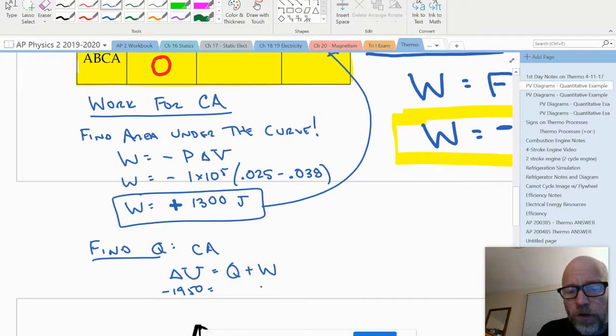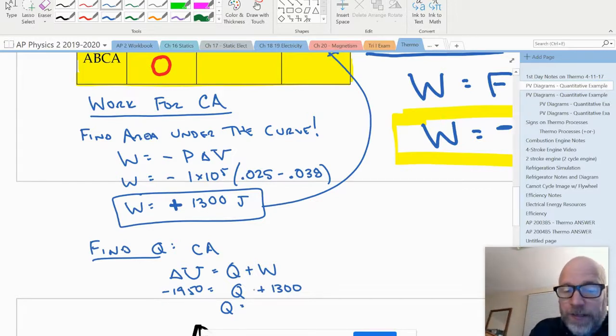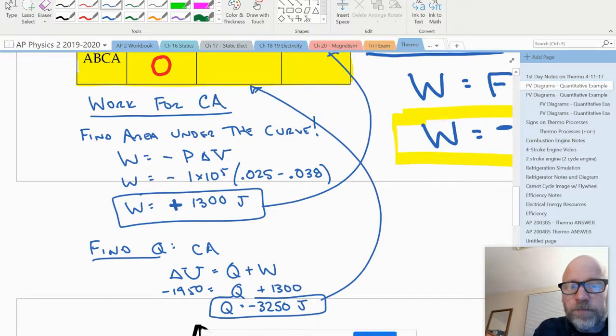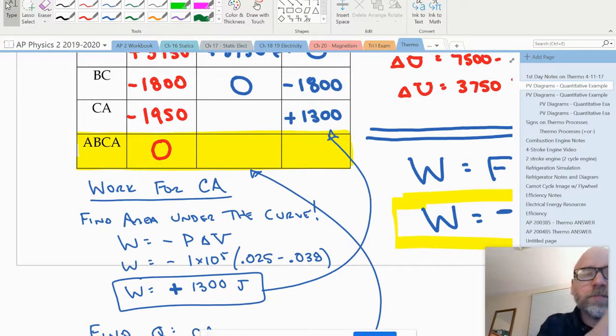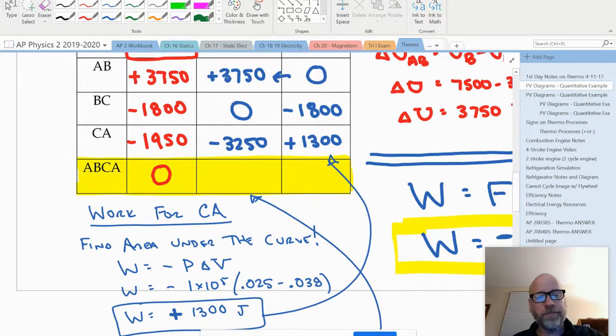The work is plus 1,300 joules. And yeah, I don't solve for the variable with these. I plug it in. Hope you're okay with that. I got the heat flow is negative 3,250 joules.